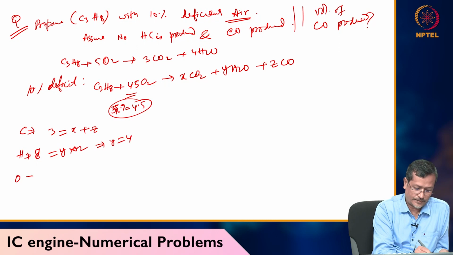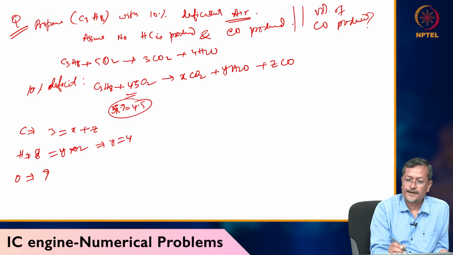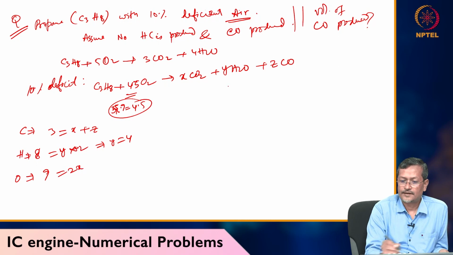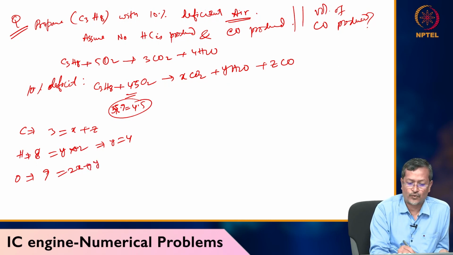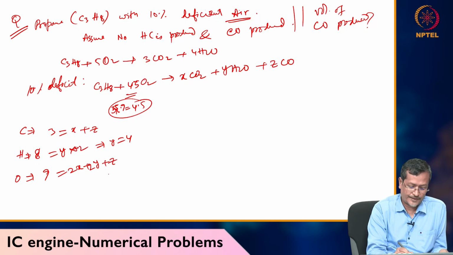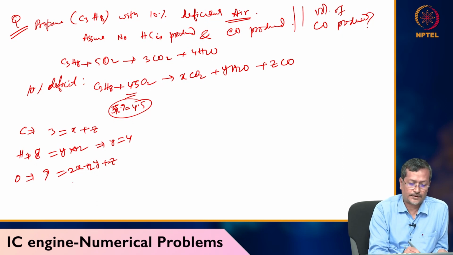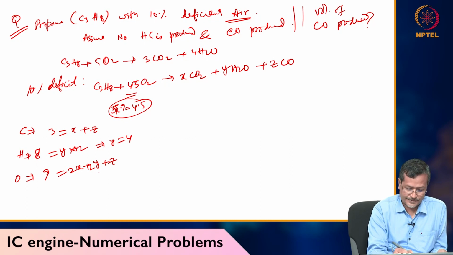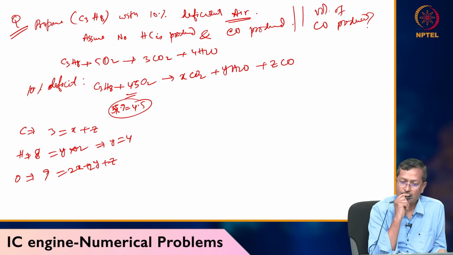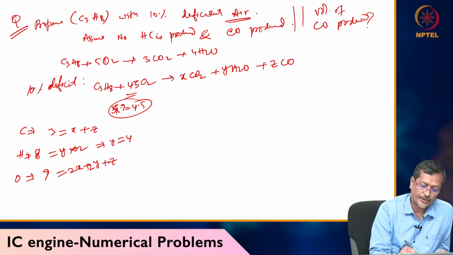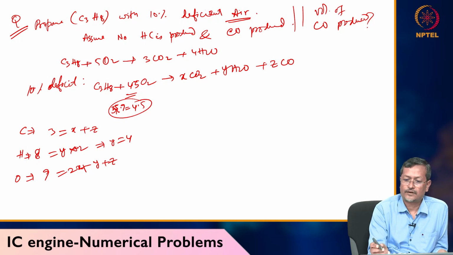For O: left side is 4.5 into 2, so it is 9, and right side equals 2X plus Y plus Z. We have only one water on the right side.